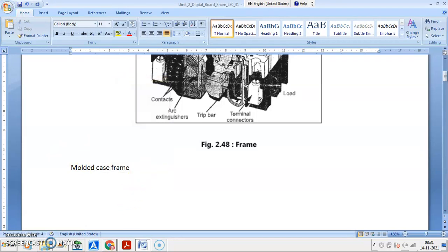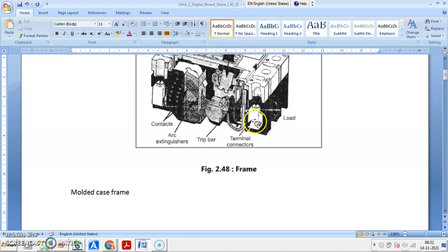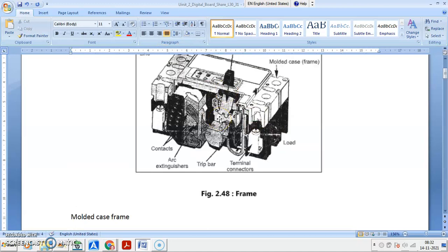Molded case frame provides housing to the inner components. All components like arc extinction chamber, contacts, terminals are mounted on this frame and inside this frame. This frame, molded case or casing, is made of polymer.